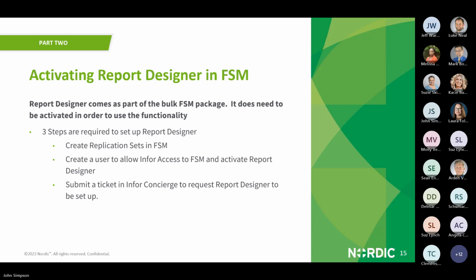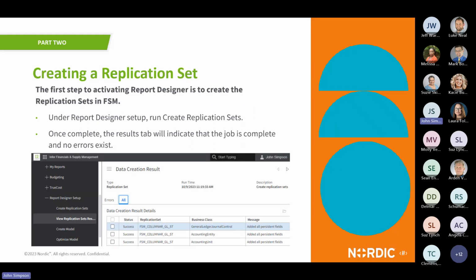So under Application Admin, there'll be a report designer setup area, and then you can go in there and click create replication sets. Once you select OK, it's going to run. It does not take a long time to run at all. It's then going to create your replication sets in FSM.